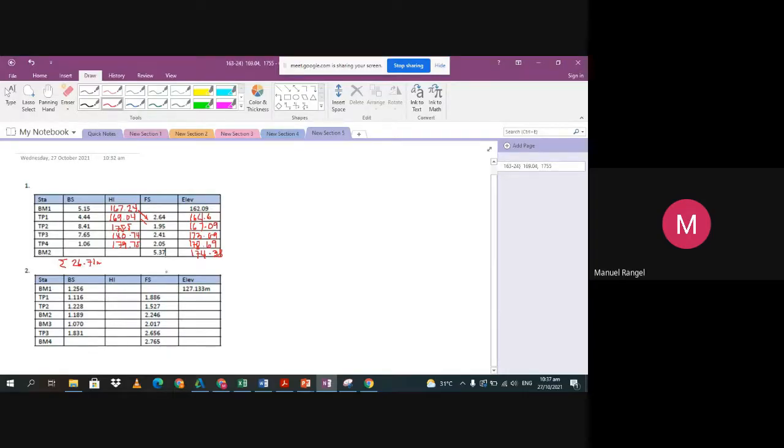Then summation of FS, 2.64 plus 1.95 plus 2.41 plus 2.05 plus 5.37, that is 14.42.